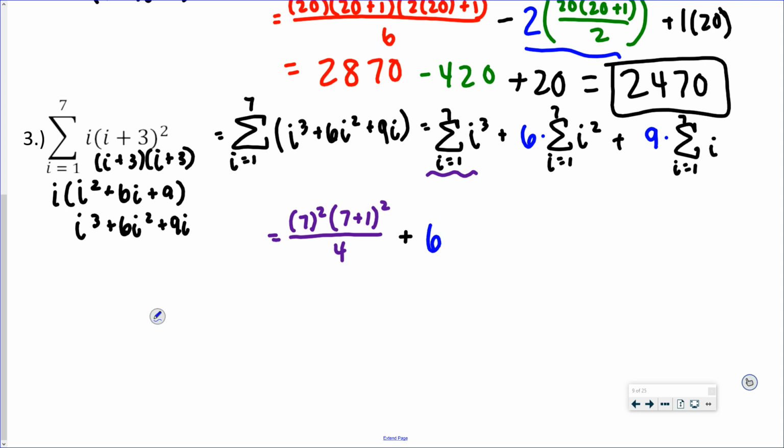Plus 6 times my formula for i squared. This one's the long one. n, 7, times (n plus 1), so times 8, times (2n plus 1), so times 15. And that's all over 6.